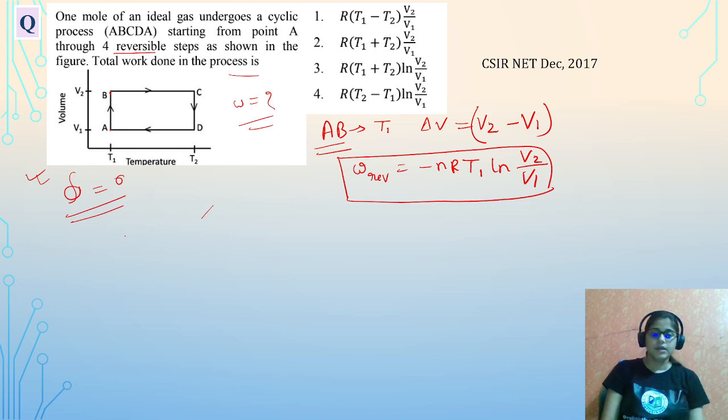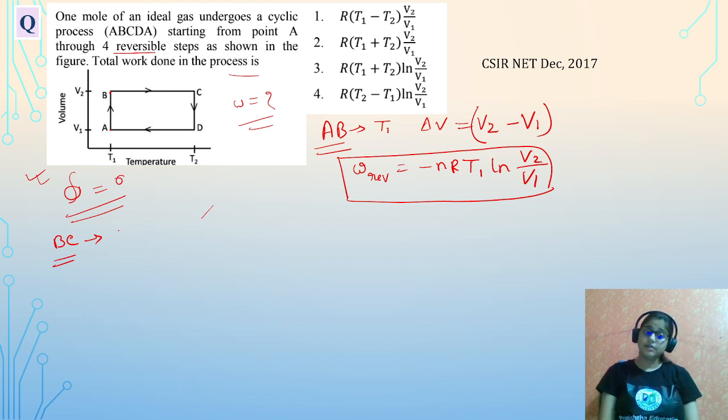Then for the BC case, temperature is changing from T1 to T2. So this is not an isothermal process, but one thing is there in this BC case. You can see that volume is not changing. Volume is V2.